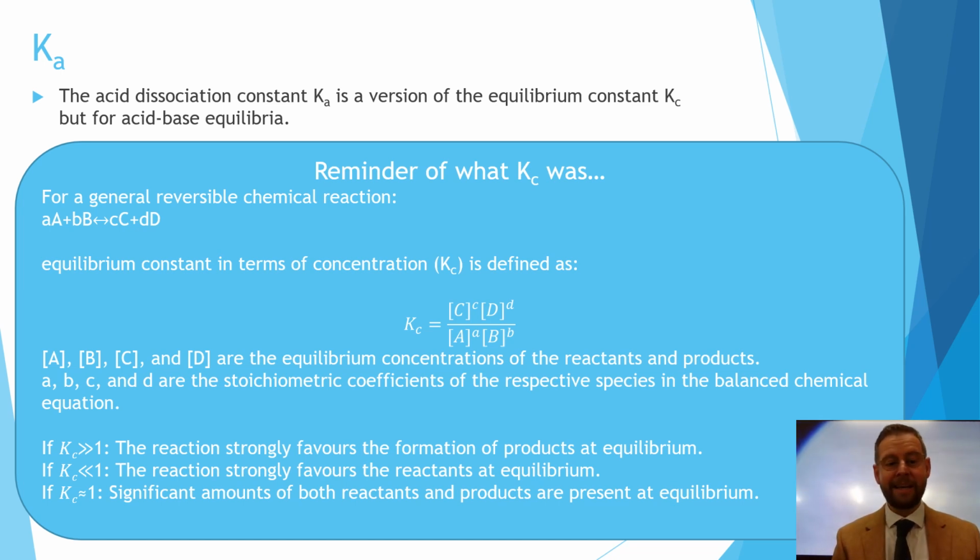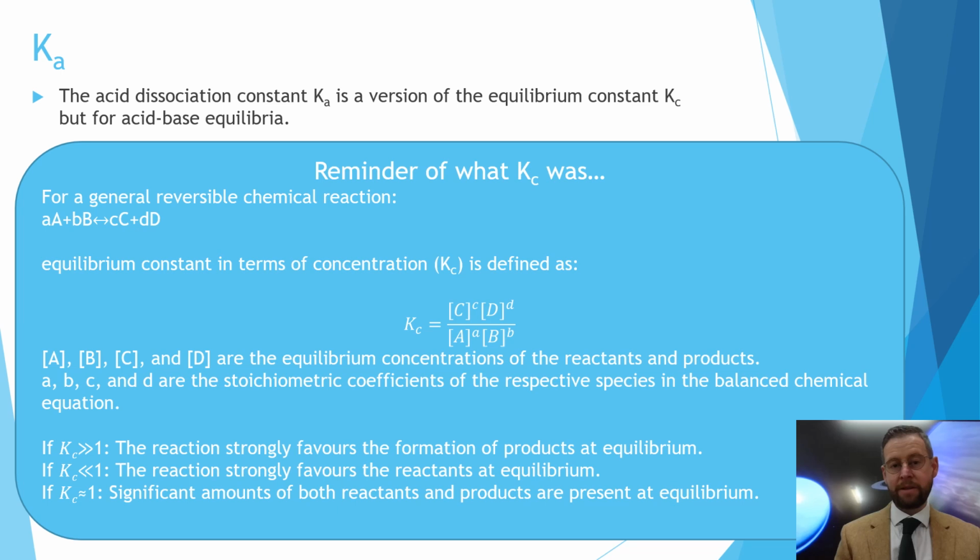It's going to make Kc much smaller than 1, meaning that the reaction is going to be going more favourably to the left, producing more reactants. If it is exactly at 1, it means that it is going in both directions equally, in a lovely little equilibrium there.